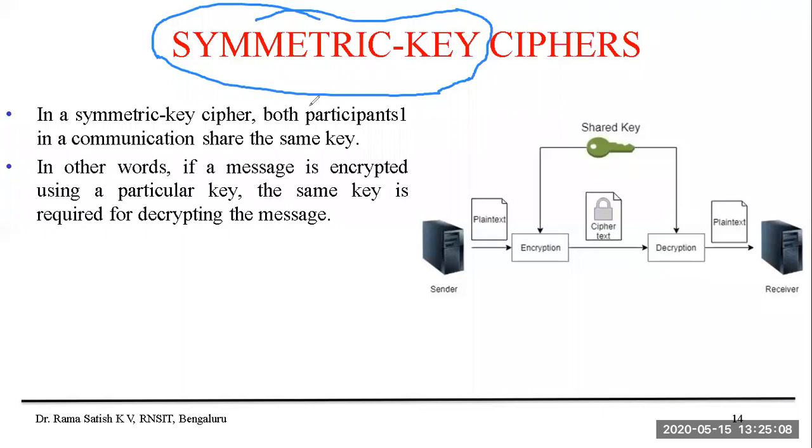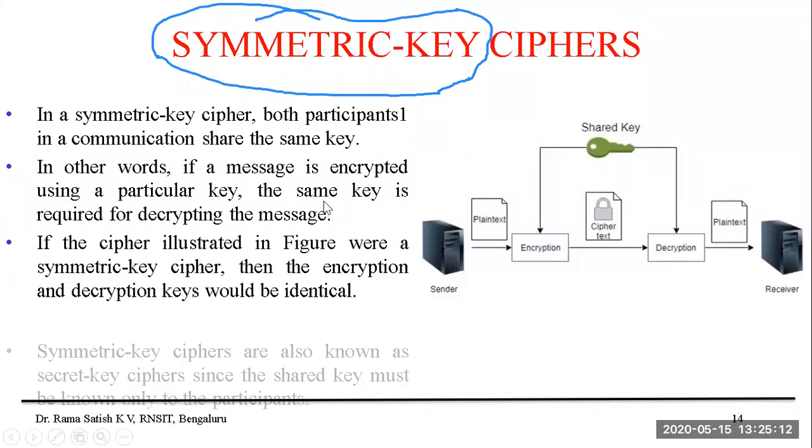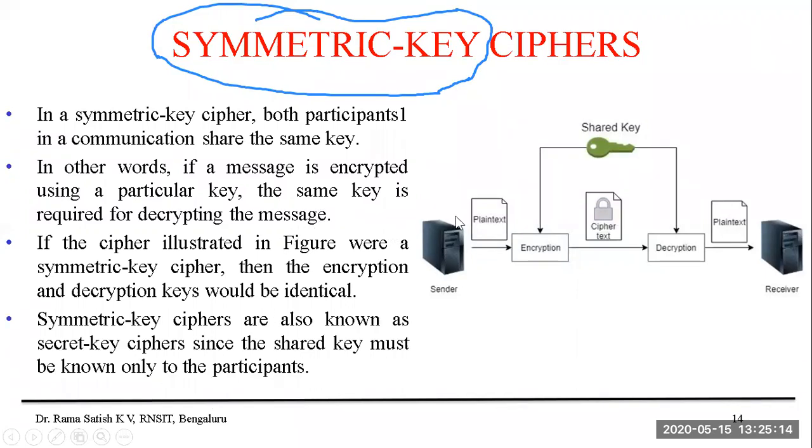And of course, the cipher is illustrated in the figure with the symmetric key, which is why you see the shared key. Symmetric key ciphers are also known as secret key ciphers, or shared key ciphers. They are all the same.